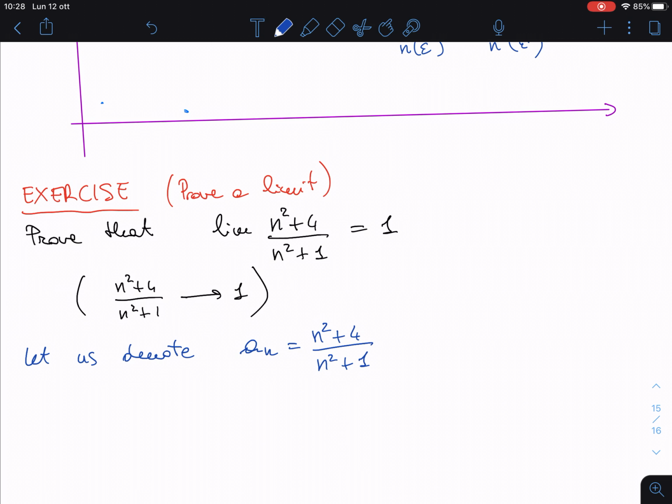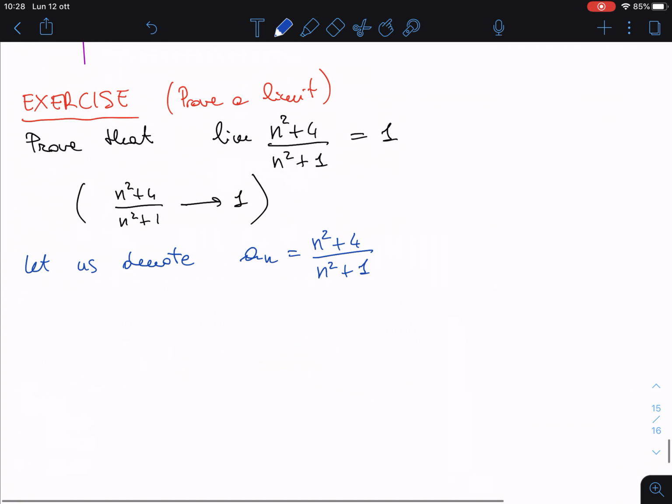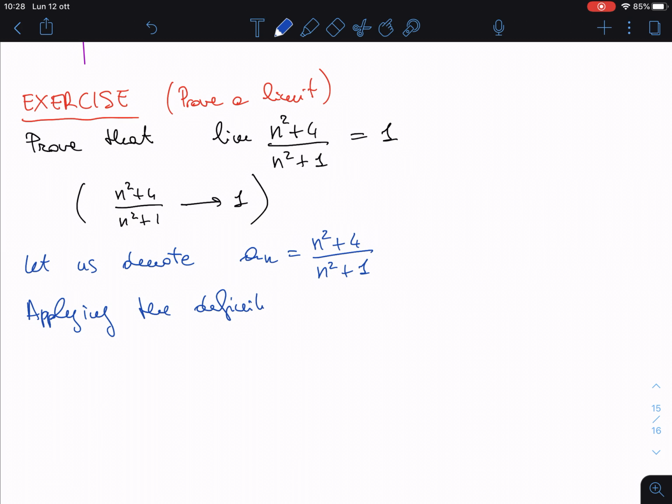And what is the philosophy of the exercise? We just apply the definition. So we must first choose an arbitrary positive epsilon.